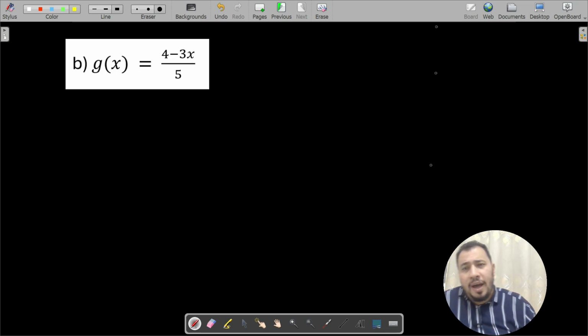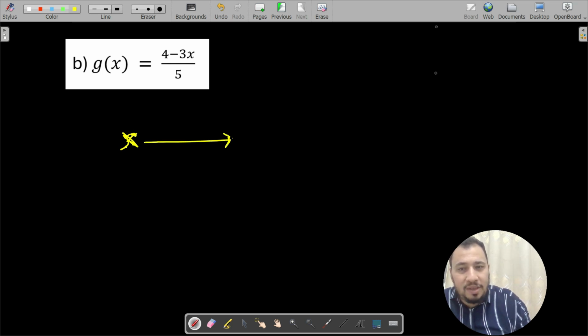Okay, I have here g of x equals 4 minus 3x over 5. x is here. This is my input. What happened to x here? It's multiplied by what? Many students actually said multiplied by 3, which is wrong. It's actually multiplied by negative 3. Because here, can you see this negative? This is very important. Don't you ever ignore it.